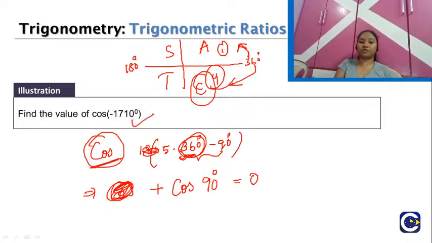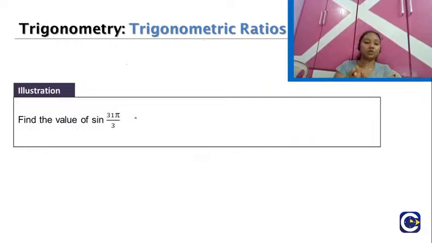This is one of the typical questions in terms of degrees, and I have explained it clearly. Now I will give you one more question, so you just give it a try. Here is the next question, where the angle is given in radians. There is no need to worry.